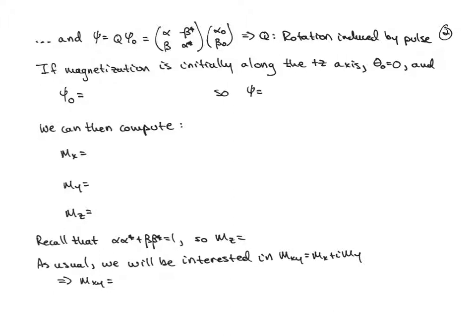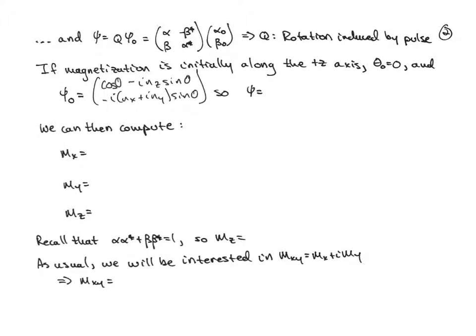In the previous lecture, we said that if the magnetization is initially along the plus z axis and theta 0 equals 0, then phi naught here is cos 0 minus i nz times sine 0, minus i nx plus i ny times sine 0.